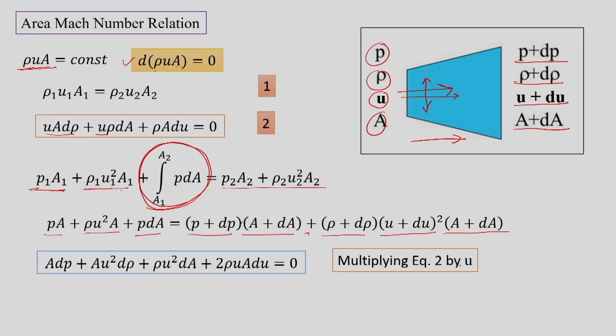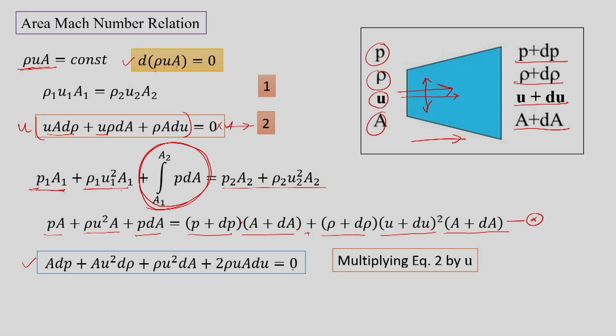This expression is obtained after multiplying equation 2 by u. Let us star this. Let us take equation number 2 and multiply it on both sides by u.